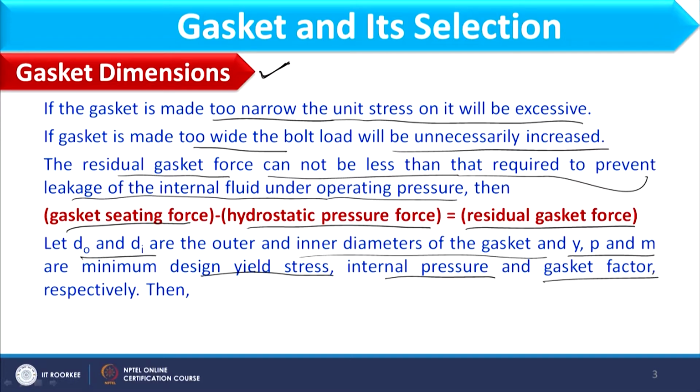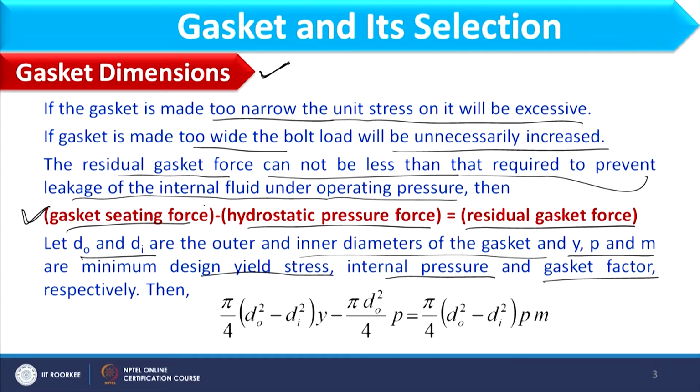Considering all these parameters, we will write the expression. The gasket seating force deals with the minimum seating stress Y, acting on the cross sectional area of the gasket, where DO and DI are the outer and inner diameter of the gasket.